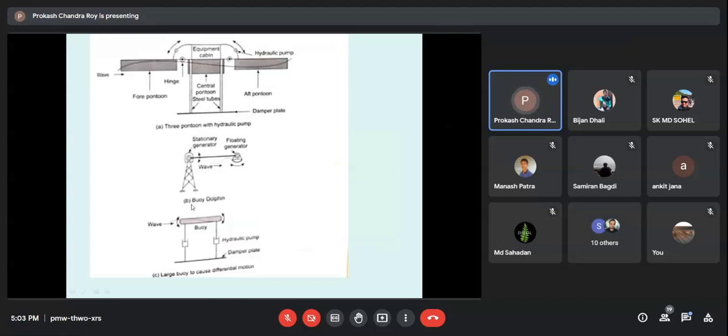Similarly, if you consider this is a dolphin type of buoy, what will happen with this up and down motion is that, along with the up and down, it will rotate. That motion will be converted here, basically like a generator.